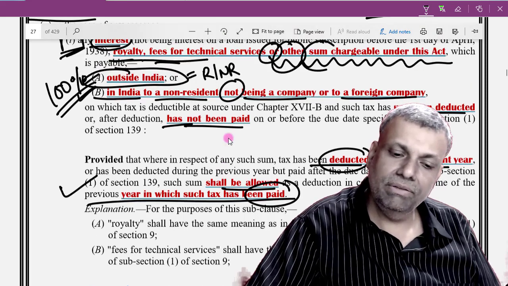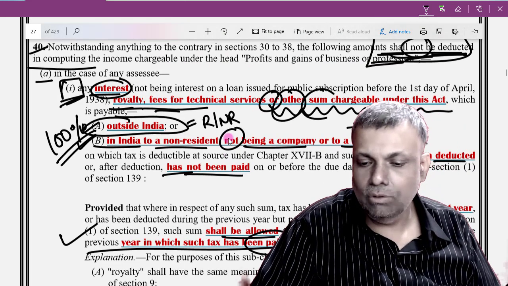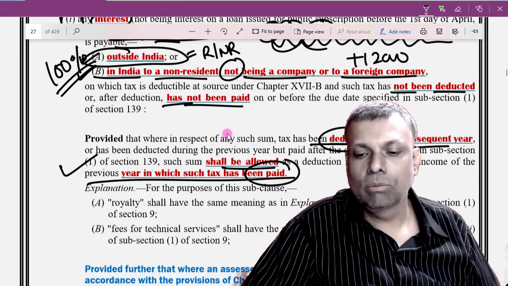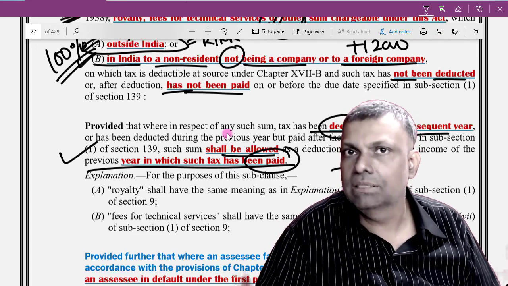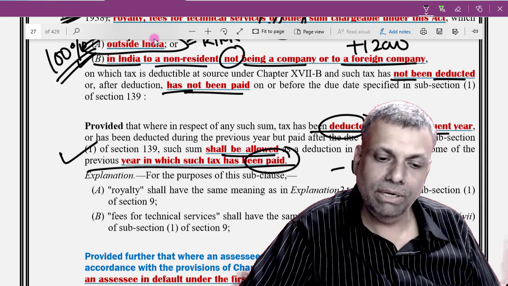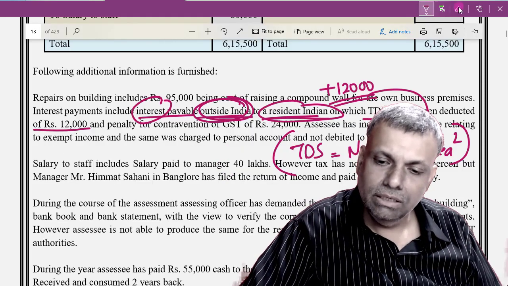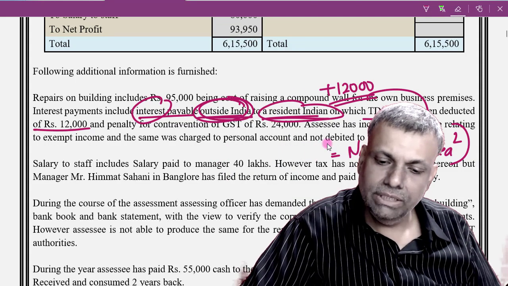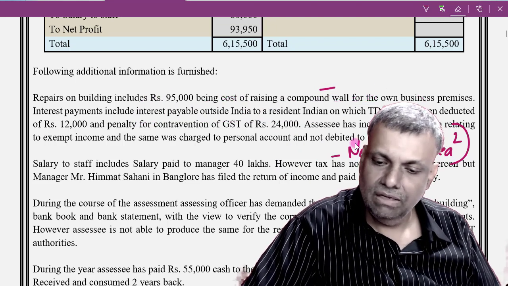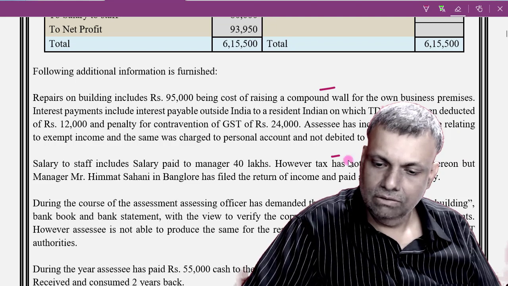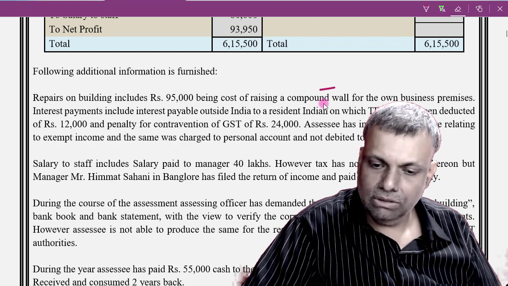In the current previous year, because of this provision, I have added 12,000. If I do the TDS compliance in the next year, then I will deduct 12,000 in the next year's income. As simple as that. Because after all, it is an expenditure, so it should be allowed as a deduction. The year in which you do the TDS compliance, that year the government will give you the deduction. So that was because of outside India.